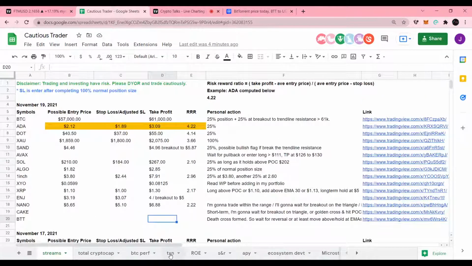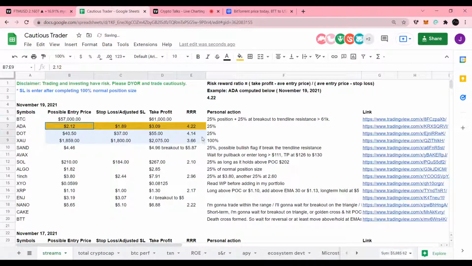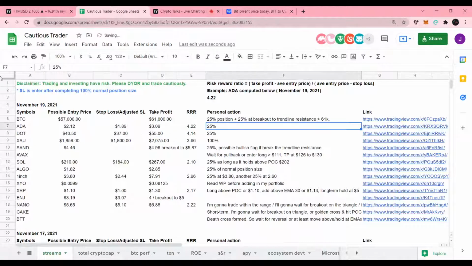I don't plan to group it. So this is from November 19, 2021, computed below. I'm just going to reset that. So I think that's it, guys.